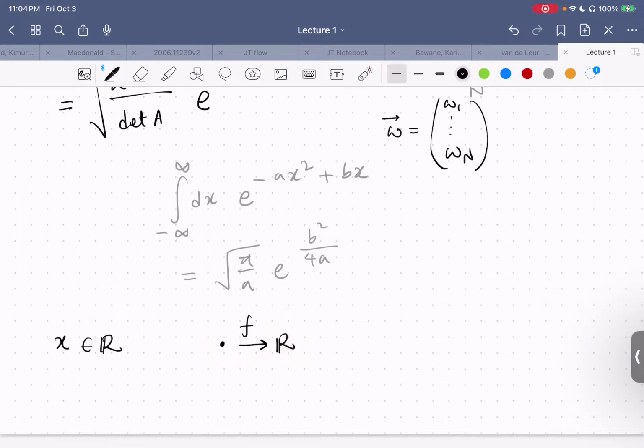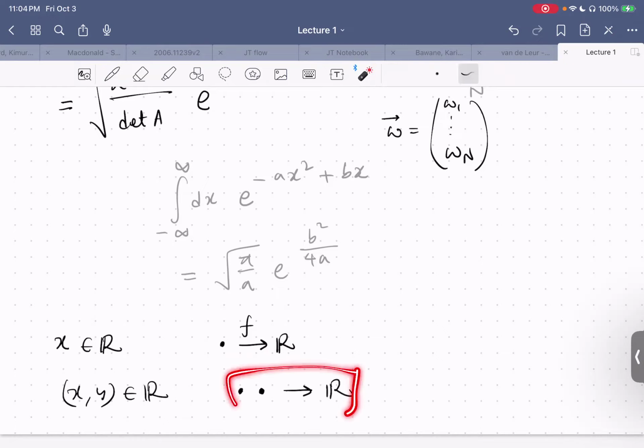Very well. What about a pair of real numbers? Well, you can easily think of these as a function on the set of 2 points. What is a function on the set of 2 points? All you have to tell me about this function is what it assigns to this point and what it assigns to the other point. And I can call those x and y.